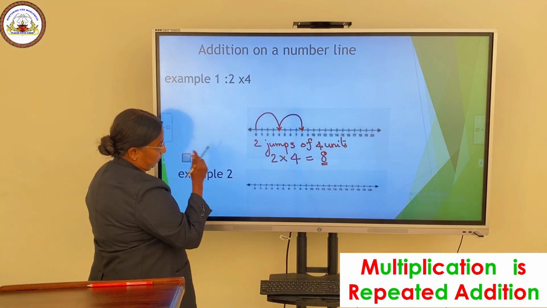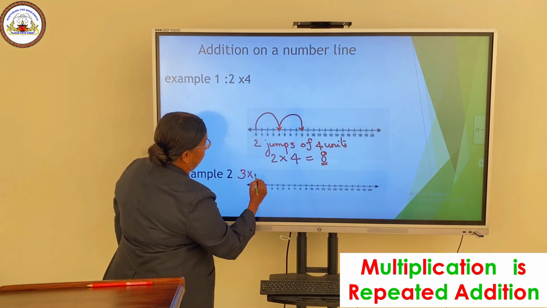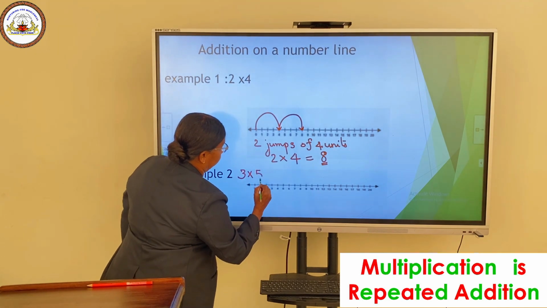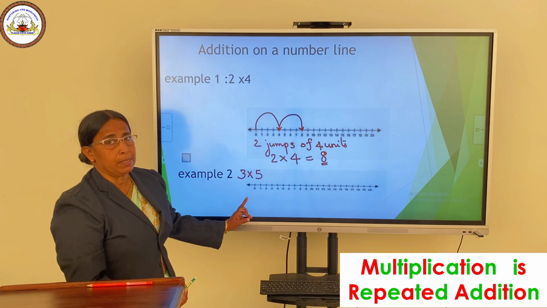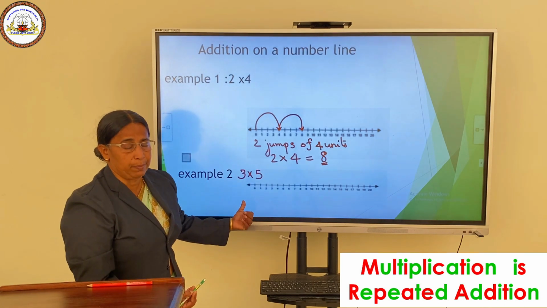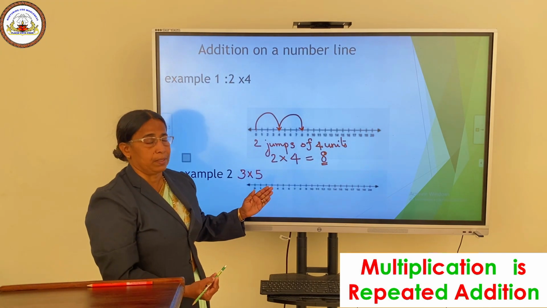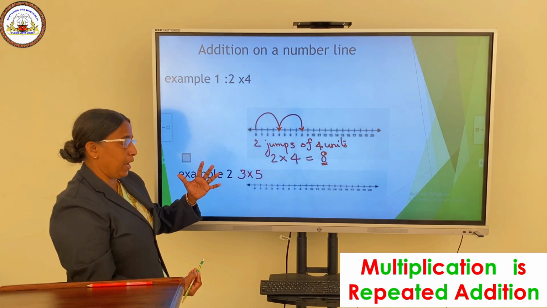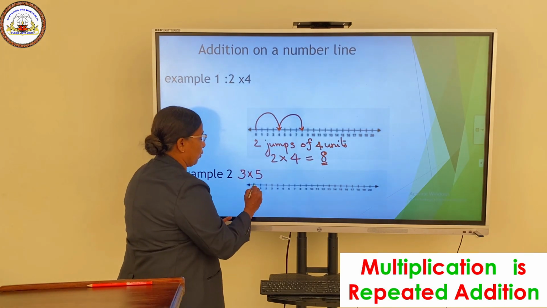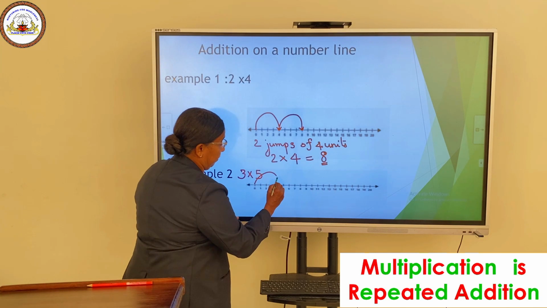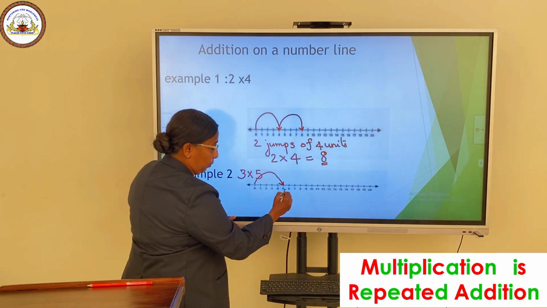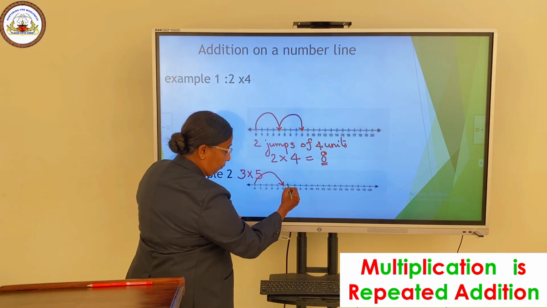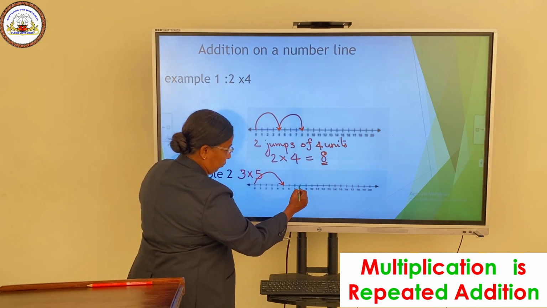Consider the second example, 3 into 5. 3 into 5 means you have to jump 3 times with 5 units. 5 units means the first jump is from 0 to 5. Then you count 5 steps, 1, 2, 3, 4, 5.